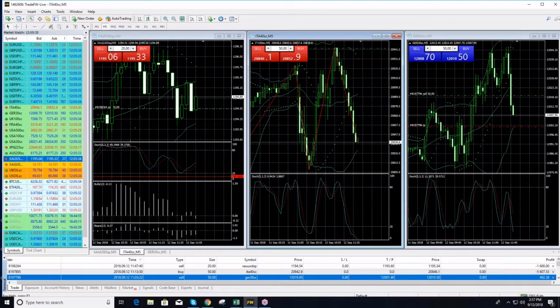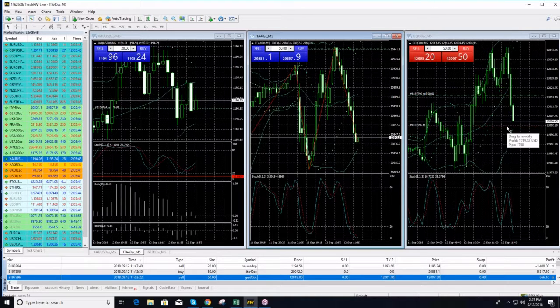How much is our take profit? I think $1,000. Yeah, come on, come on. A bit more and I will close my DAX position. I'm making right now $600. $700.